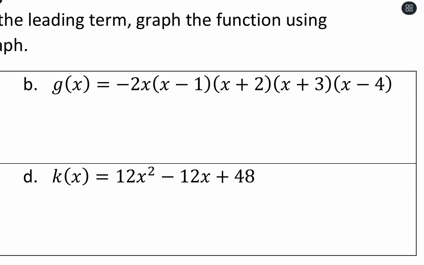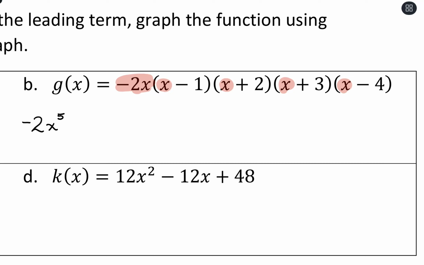With this function where it's all factored, what we can do is figure out the leading term by multiplying all of our x values. So we have negative 2x, x, and x. Multiplying those, our leading term would be negative 2 times 1, 2, 3, 4, 5 x values.